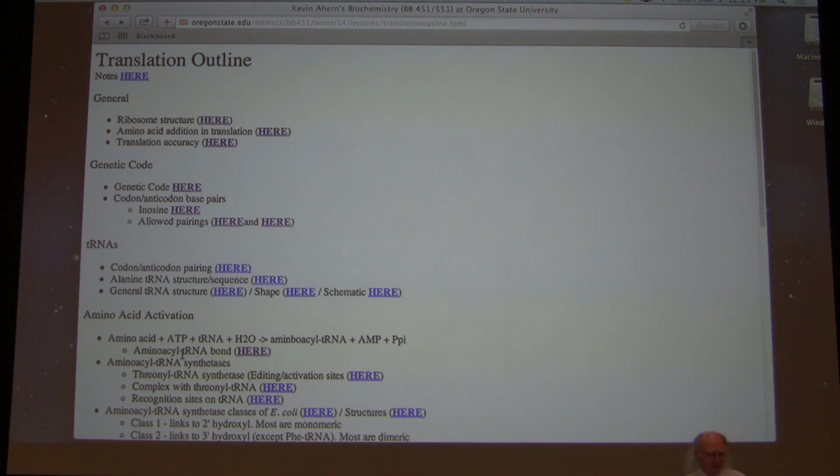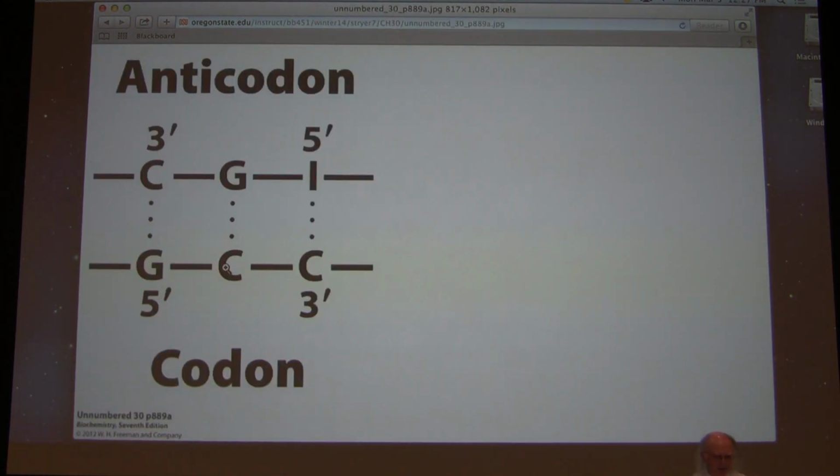All right. Let's take a look now at the tRNAs and the pairings that they can exhibit. So this is now showing the anti-codon and it's showing the codon. We read the codon from 5' to 3'. Okay? So if I said, what is the sequence of the codon here, you would tell me it's GCC.